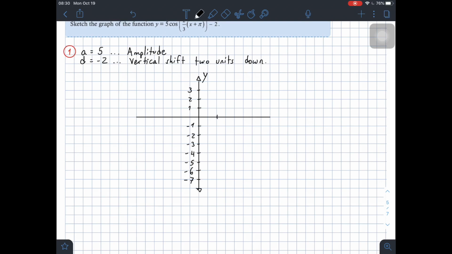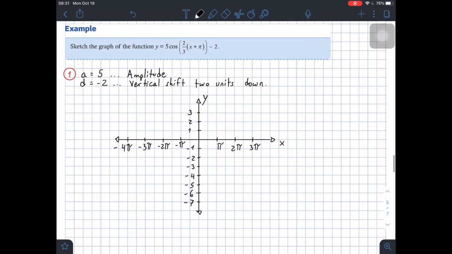So this would be pi, then 2 pi, 3 pi. I'm gonna go up to 3 pi in x, and to -4 pi. So this is -pi, -2 pi, -3 pi, and finally -4 pi. So this is the x-axis.